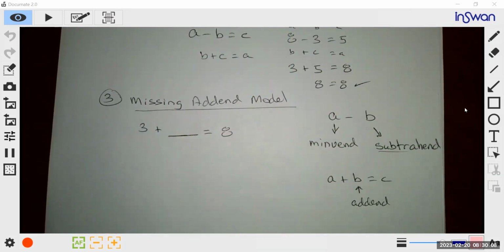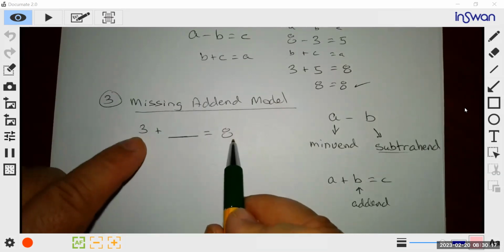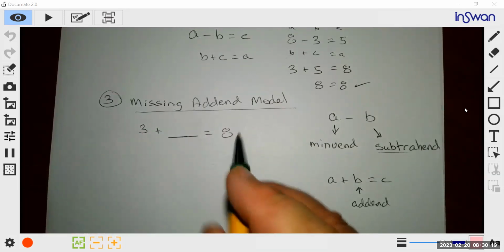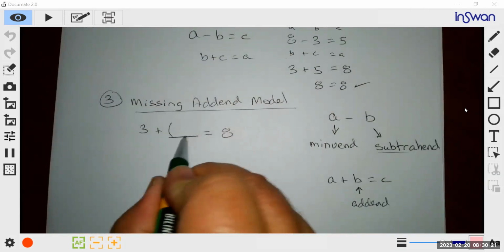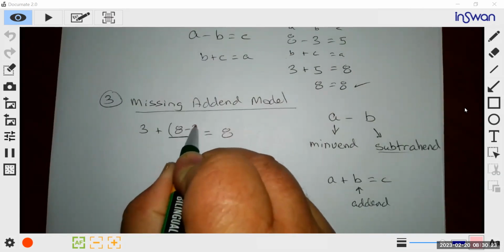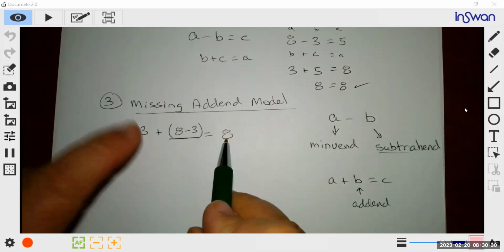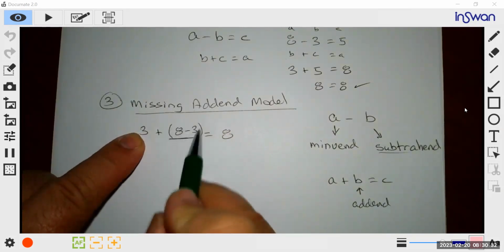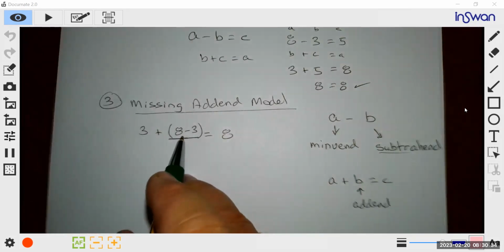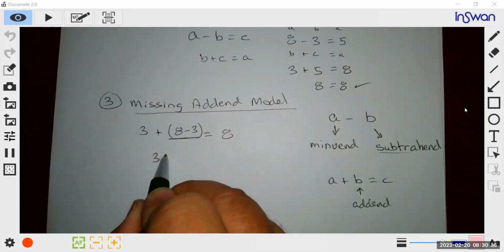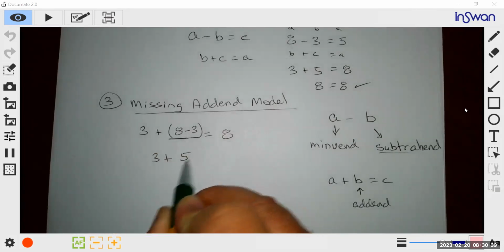Remember, you're teaching elementary school kids. What we know is that we can only use these numbers here. So what's missing here is 8 minus 3. Take whatever the answer is, subtract the part you have. Whatever that is, that's our addend. 8 minus 3 is 5.